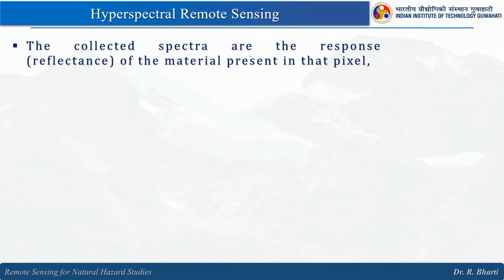Once we have the response of the material and it is captured by our sensor, the sensor stores it in different pixels depending upon their position, and we have imaging spectrometry or spectroscopy, which we also call hyperspectral remote sensing.